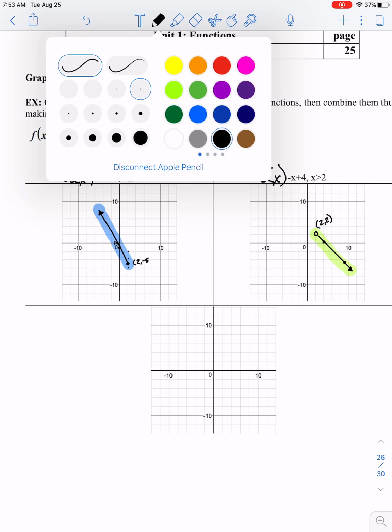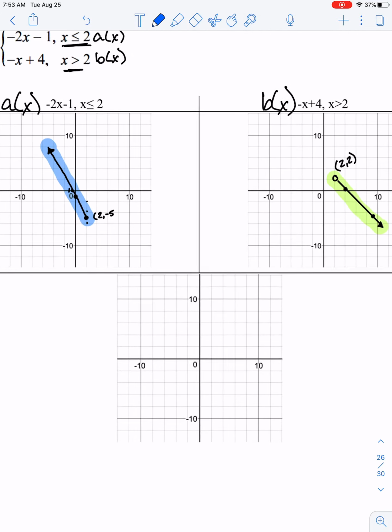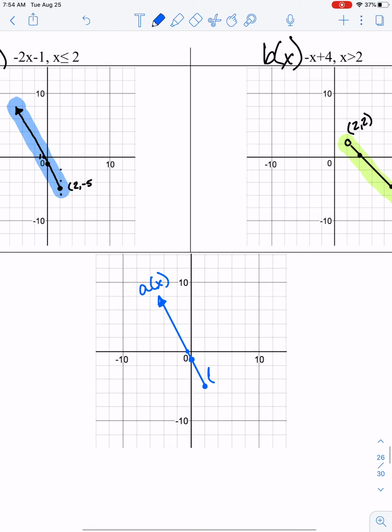So then when I actually plot them together, I can go 0, -1, 2, -5, then -0.50. Again, I knew this was a of x. This point right here is very important.